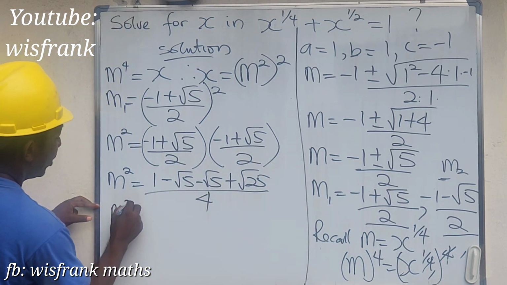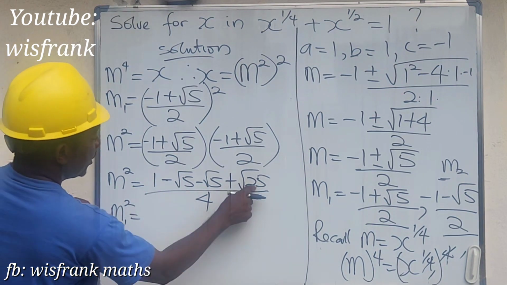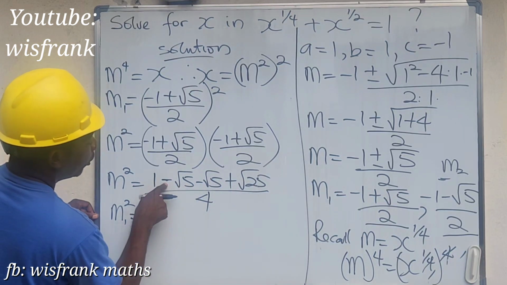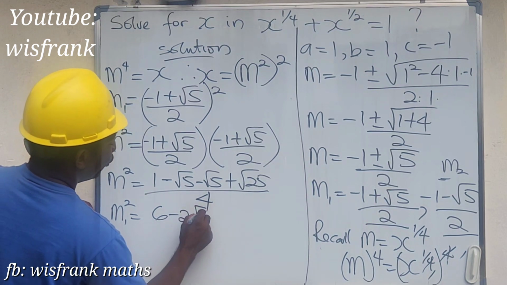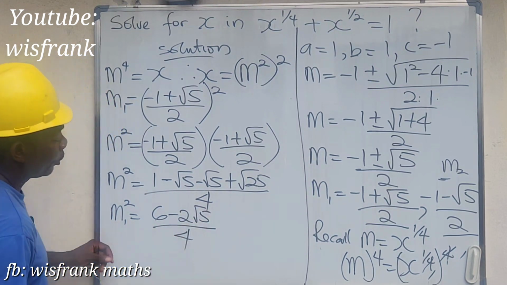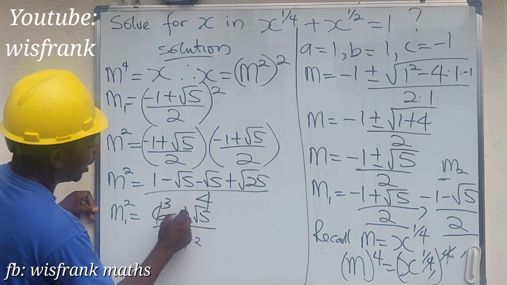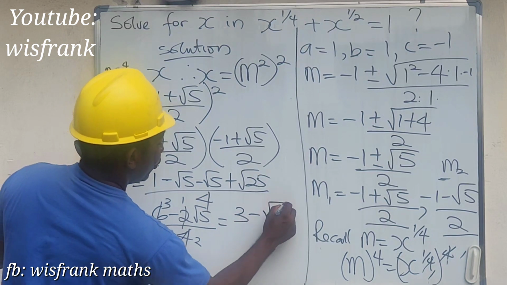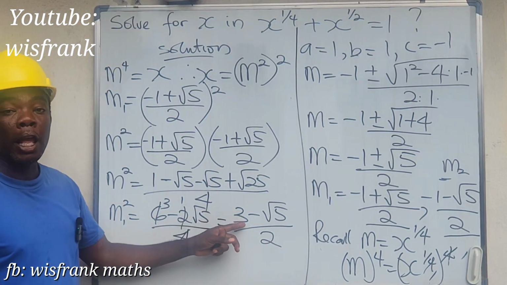Therefore, m1 squared equals 1 plus 5, which gives us 6, then minus root 5 minus root 5 gives us minus 2 root 5, all over 4. So in this case, 2 cancels here, 2 cancels 6 to give 3, 2 cancels here. We are now left with 3 minus root 5 all over 2. This is for m squared.